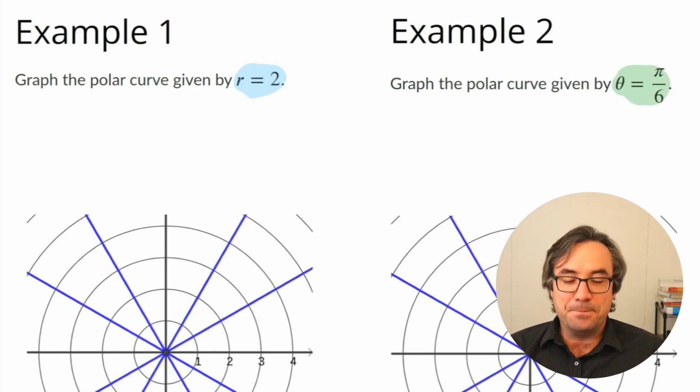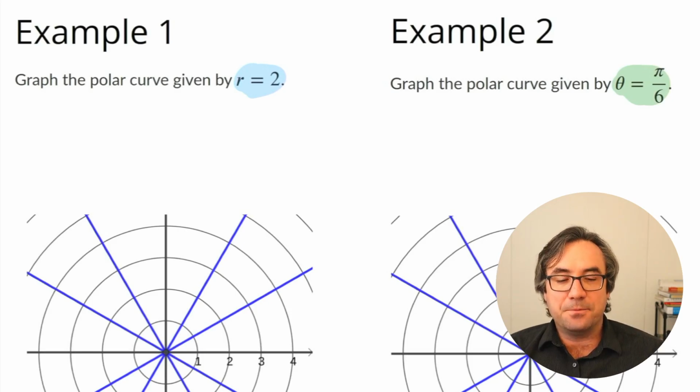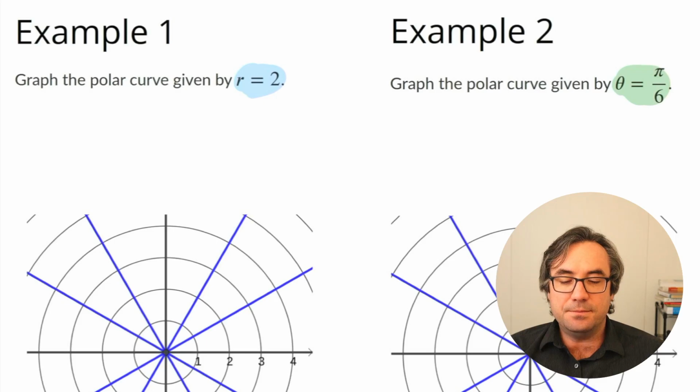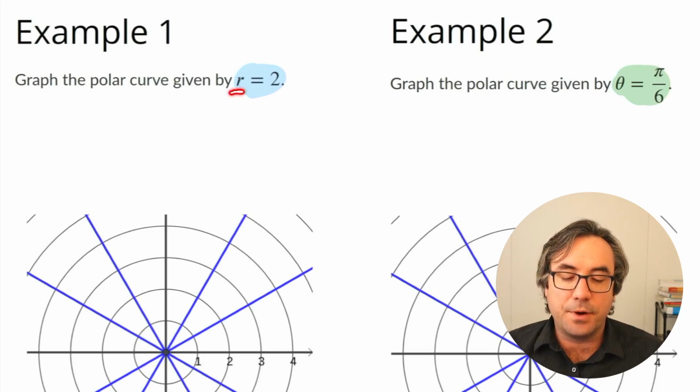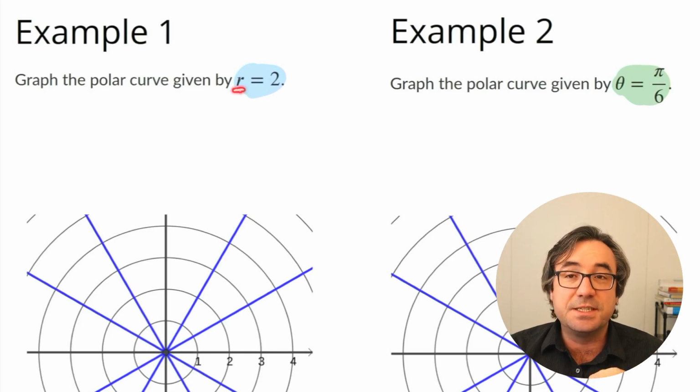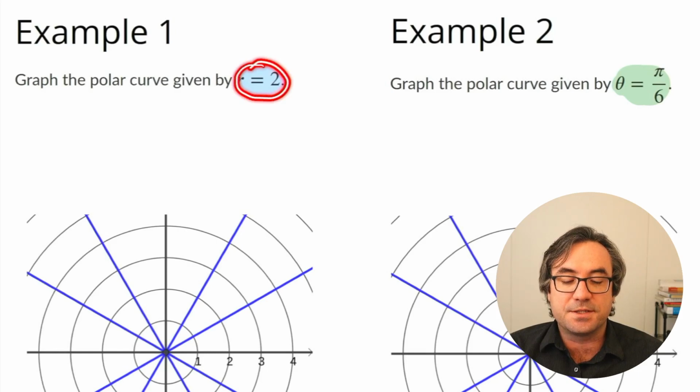All right, so let's think about what's going on with this first equation. What does this say? Well, we're looking at all the points. If we remember what r represents, it represents the distance from the origin. So we're looking at all the points that are 2 units away from the origin.